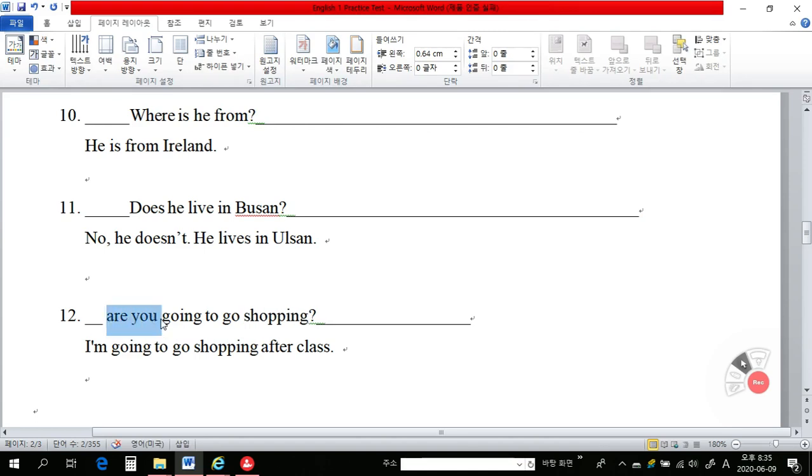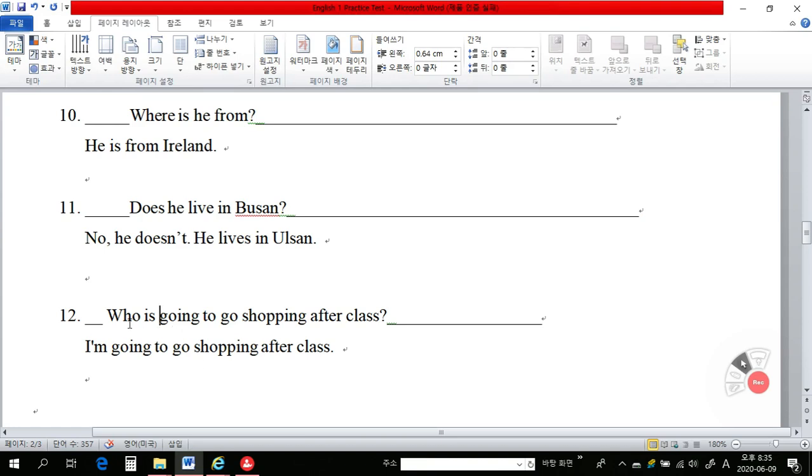So in this case, we know someone's going shopping, and we know they're going after class. We're given this information of the answer. I want to find out who. Who's going to go shopping after class? I'm going to go shopping after class.